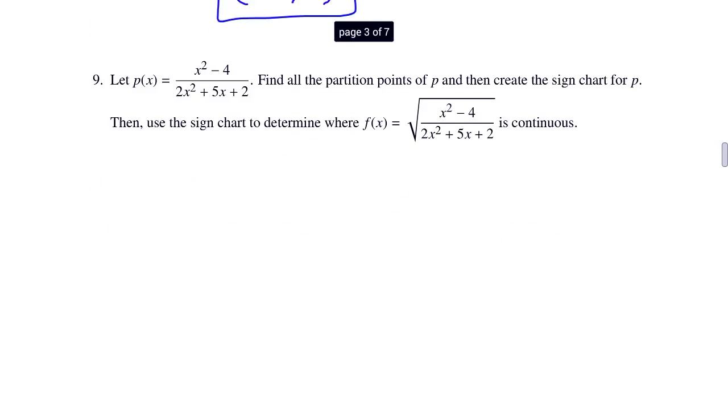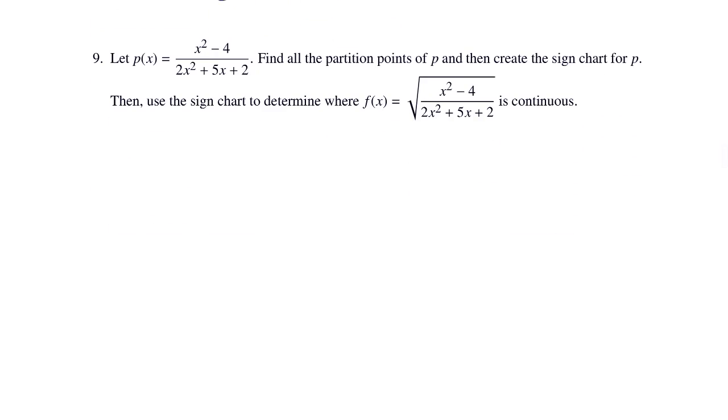Question 9. Let p of x be x squared minus 4 over 2x squared plus 5x plus 2. Find all the partition points of p and then create the sign chart for p. To find the partition points, we need to take the rational function p and find the zeros and where it's discontinuous. You find the zeros by setting the numerator equal to 0.